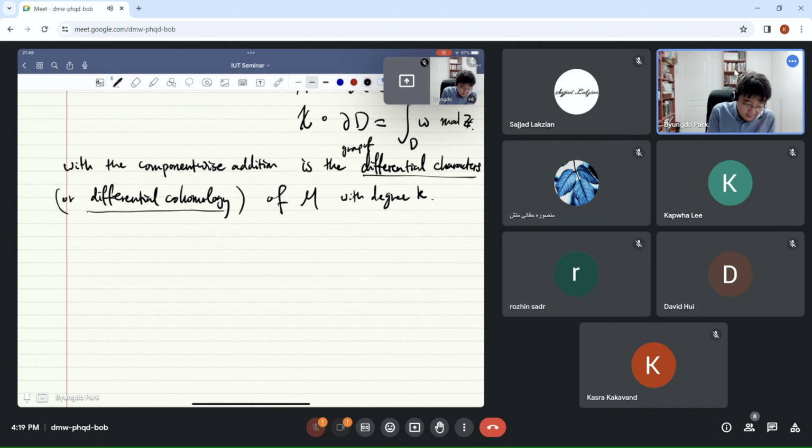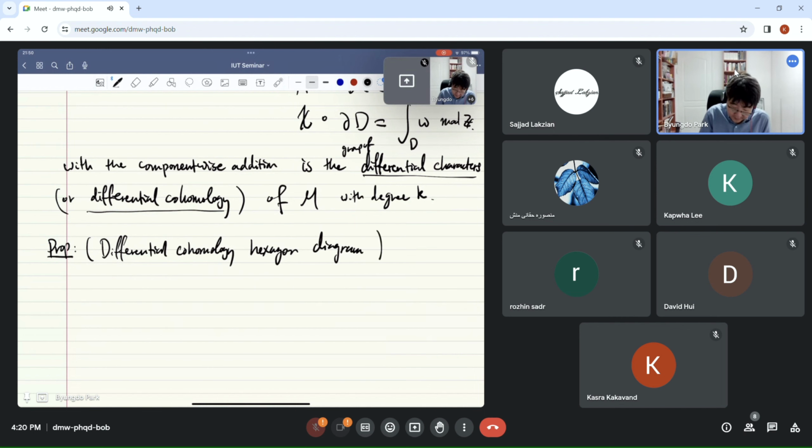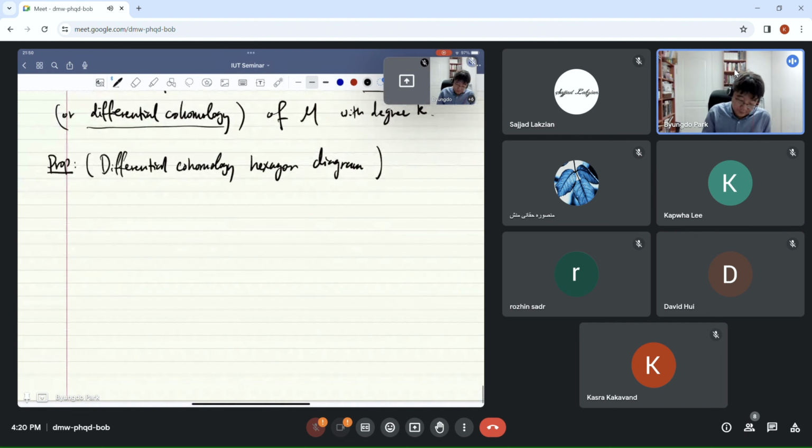So I think it's going to be better to see the following very well-known thing. It's called the differential cohomology hexagon diagram. Here's the diagram.